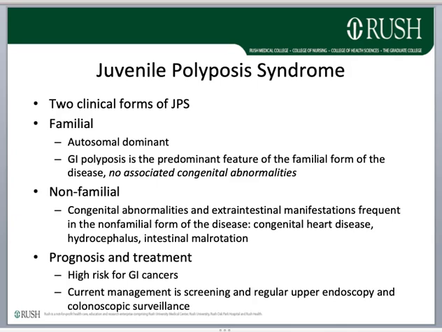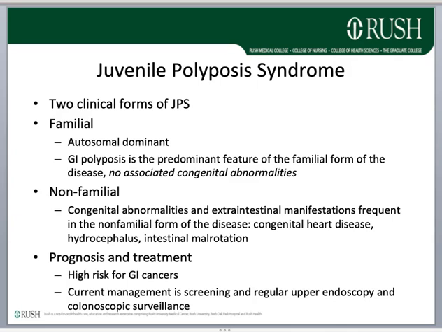Two clinical forms of juvenile polyposis syndrome are recognized: an autosomal dominantly inherited familial form with no associated congenital abnormalities, and a non-familial form in which 20% of affected individuals show abnormalities such as congenital heart disease, hydrocephalus, or intestinal malrotation, among others.